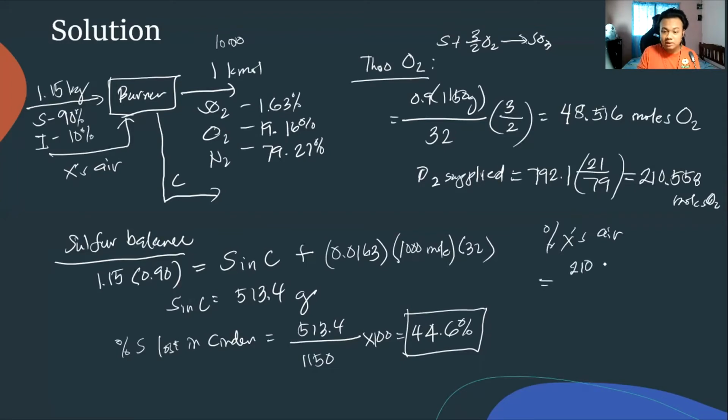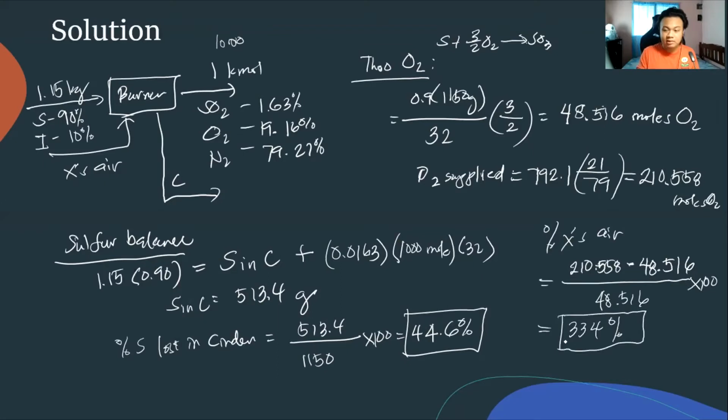So 210.558 minus 48.516, and then divided by the FeO₂. Then you will get 334 percent. So that's really a big percent of excess air. Diba? So that's the answer for the first problem we are tackling this time.